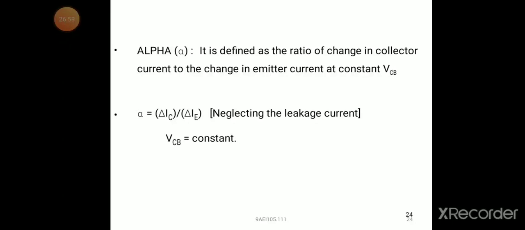So alpha equals delta IC by delta IE, neglecting the leakage current, when VCB is constant. What is the meaning? VCB is at the output side, and we need to keep VCB constant. So that is delta IC by delta IE, alpha.